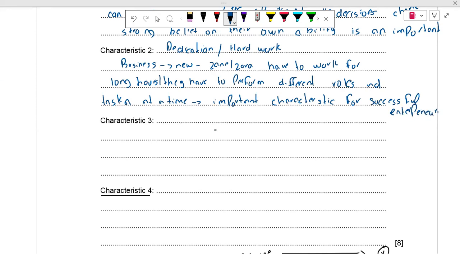Okay. So when we are talking about characteristic number three, we can say strong leadership quality. Because of course this is a new business.